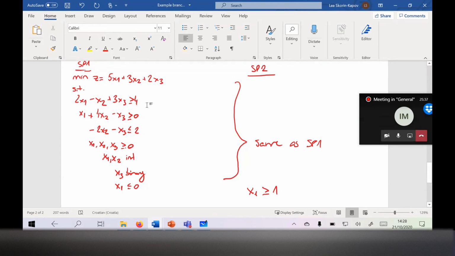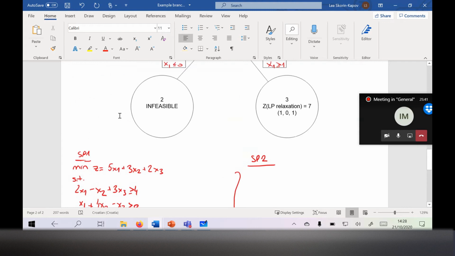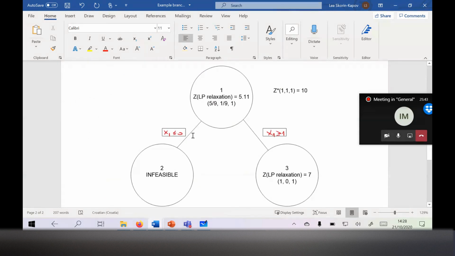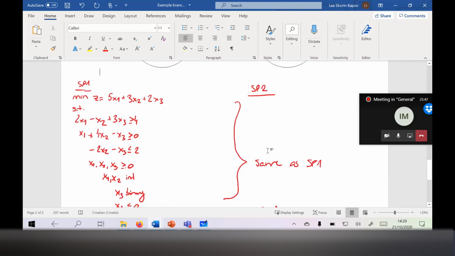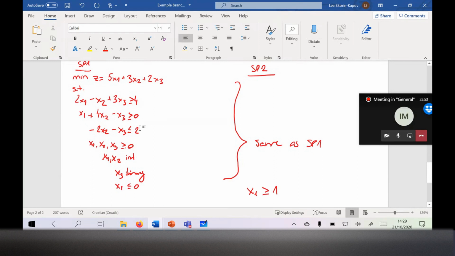So the subproblem is not an LP relaxation, but it is the original problem, now with this added constraint that we use to branch. Subproblem 2 is the same as subproblem 1, and the only difference is this last constraint related to x1.